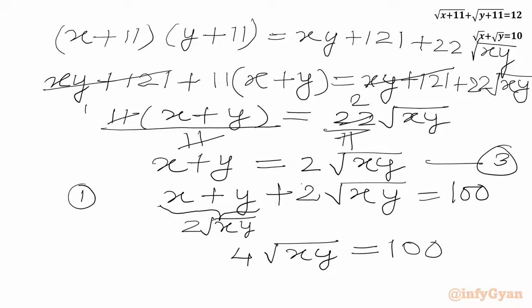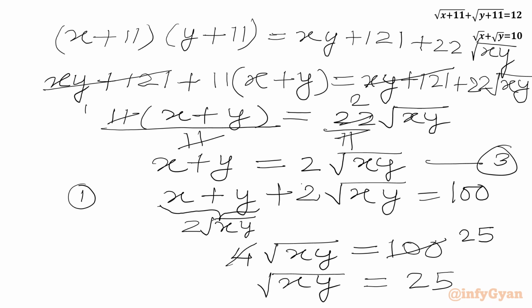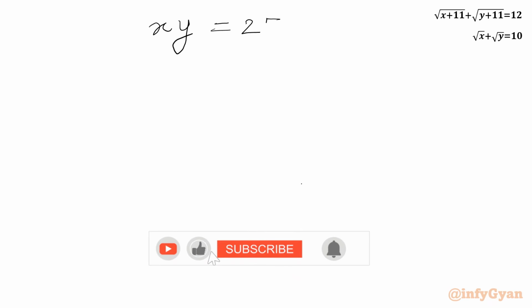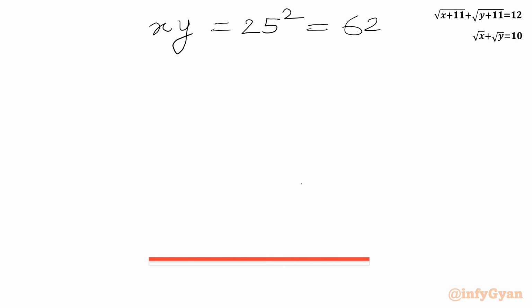Now we will divide both sides by 4. We will get 25 in the right hand side. So we can write √(xy) equal to 25. After squaring both sides, we will be getting xy equal to 25², which will be equal to 625.